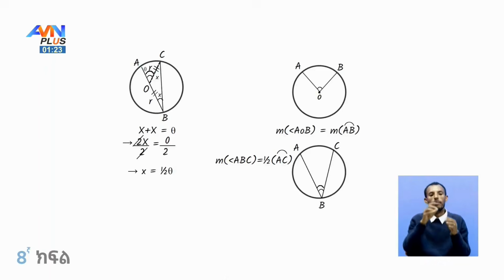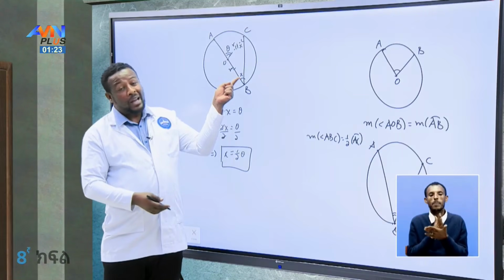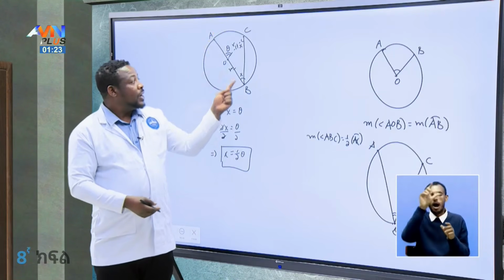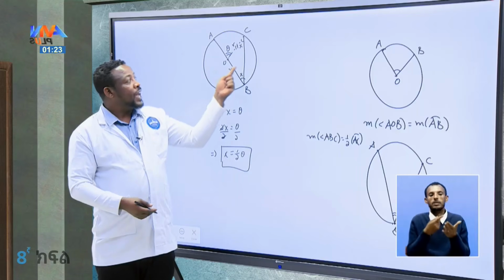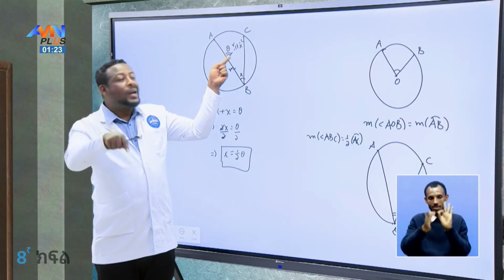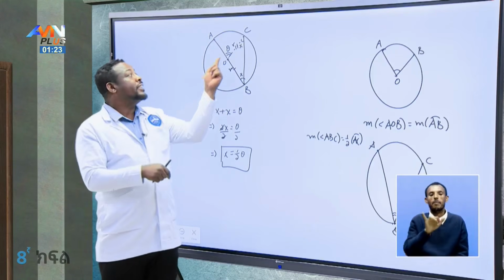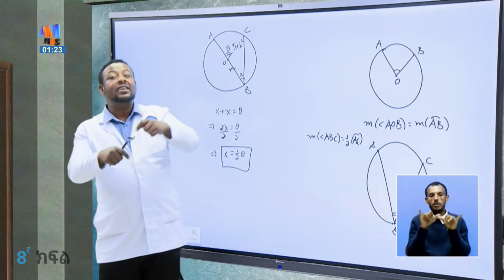Now this tells us something between the inscribed angle and the arc subtending it. This is x, and this is theta. By definition, the central angle and the arc subtending it are the same. So theta and the measure of arc AC are the same.